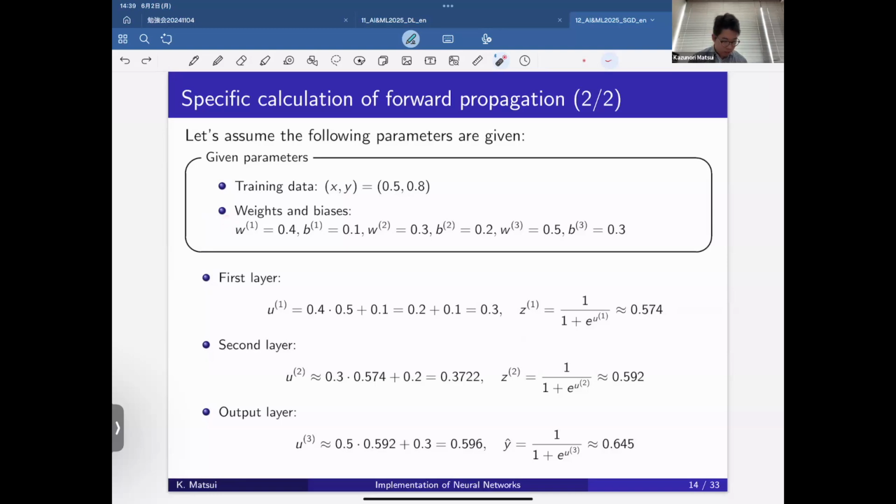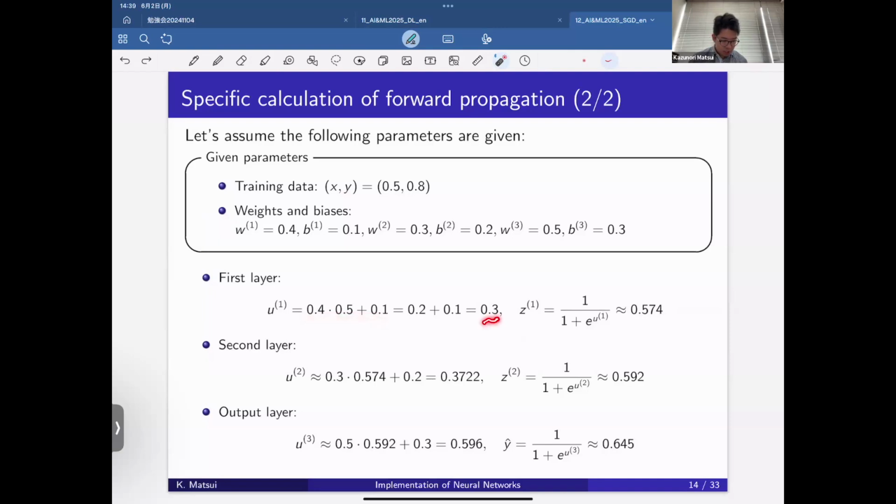For the first layer, we multiply the input 0.5 by weight 0.4 and add bias 0.1. When we calculate this, we get 0.3.